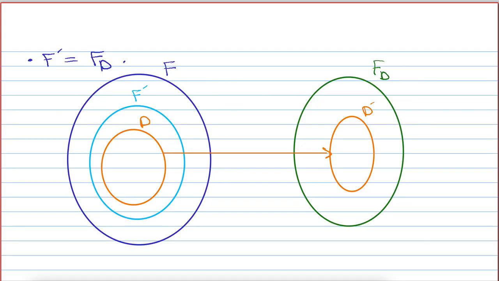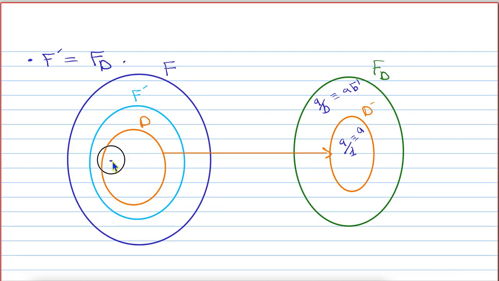The elements of F sub D are the elements of the form a over b, which are the equivalence classes, and the elements in D prime are the elements of the form a over 1. But we said we can identify a over 1 with a, and therefore we can identify a over b with a b inverse.